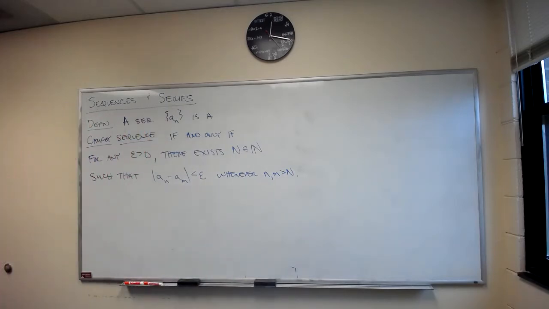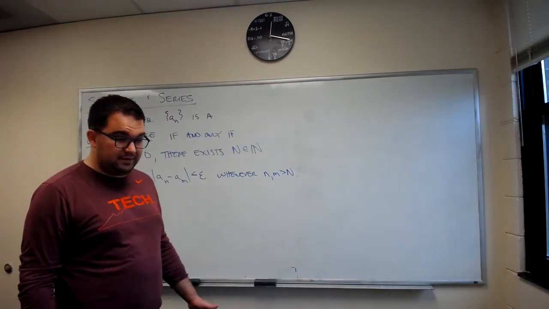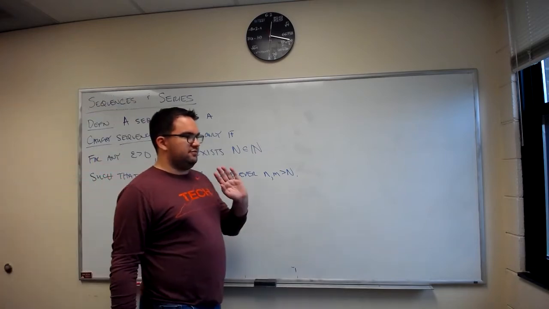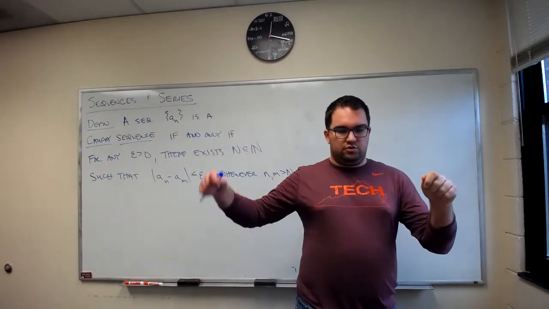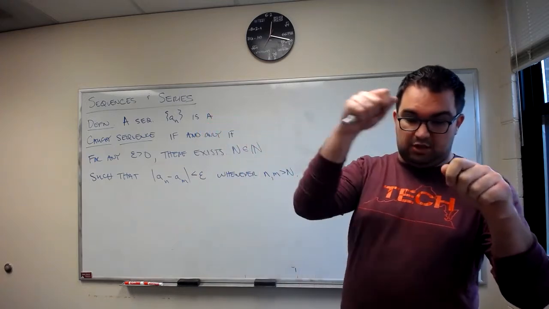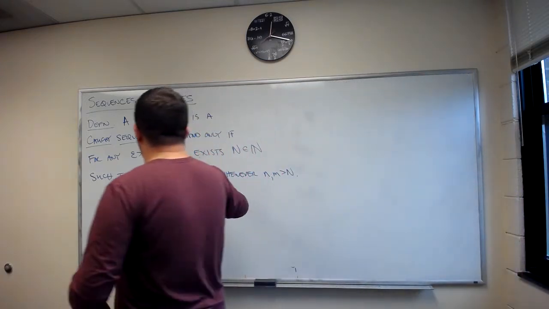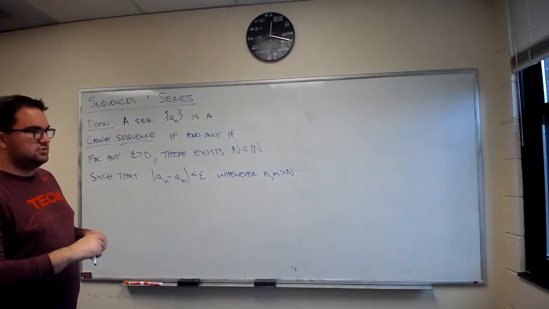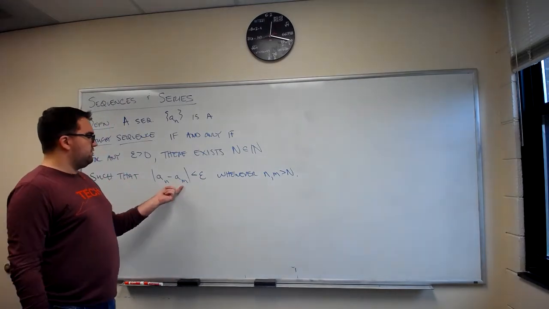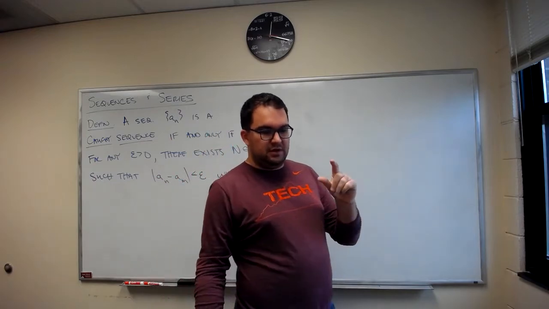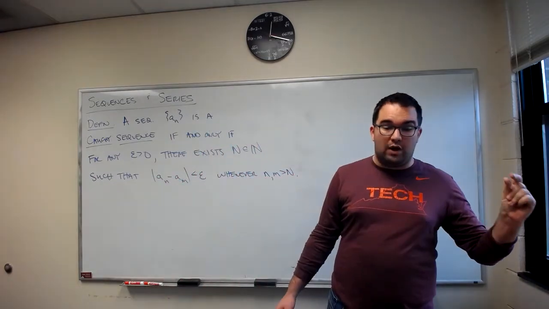So again, it looks very similar to the definition of convergence, but it's a little bit different. The definition of convergence says that if you go out far enough, the elements of your sequence must be getting close to some limit value. What this is saying is not that the elements are getting close to some particular value, but rather that as you go out far enough, you can make elements of the sequence arbitrarily close to one another.